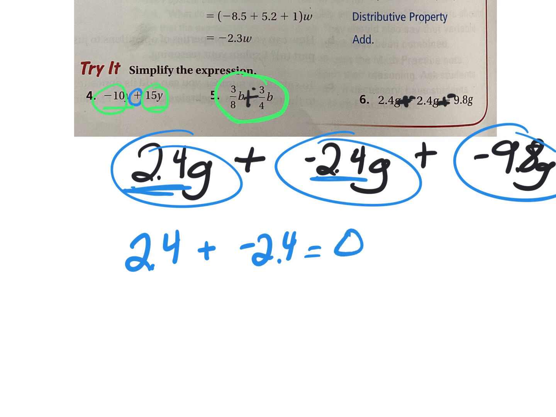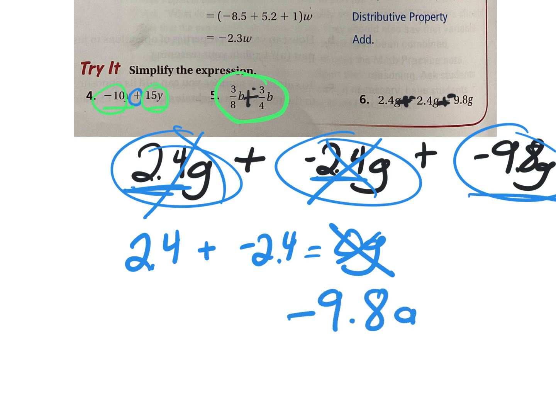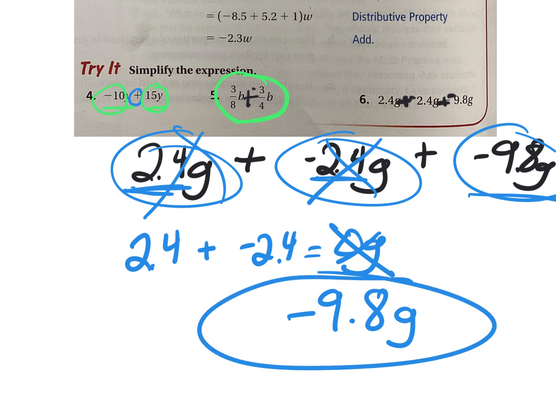Okay, 0g. And 0 times g is always going to be 0. And so these two cancel each other out. And I'm left with this, negative 9.8g. And that is, once I put all of these together, what I get for a simplified expression.